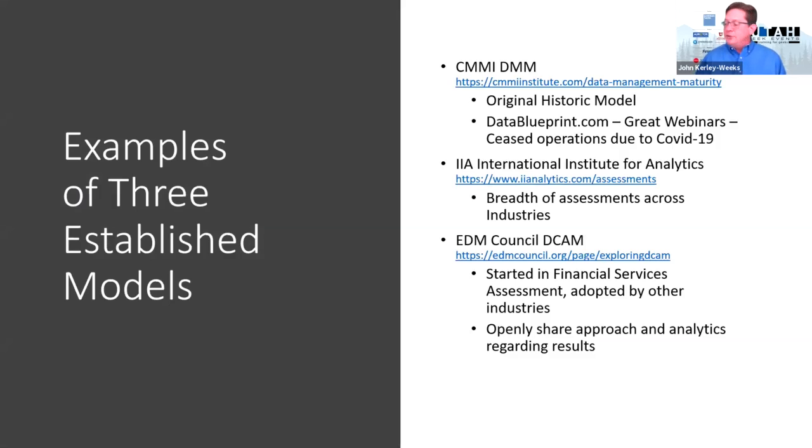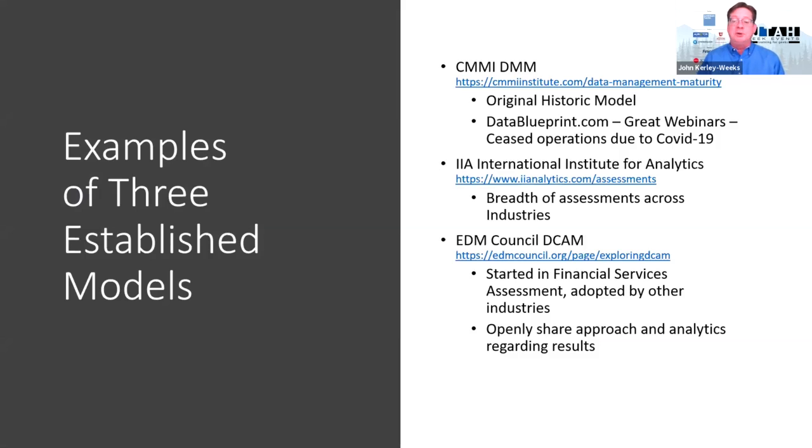I want to look at 3 specific examples of data models. The CMMI data maturity model is taking a look at the time and the pace to be able to go through these. The CMMI model I chose to reference because it's one of the original historic models that was launched.